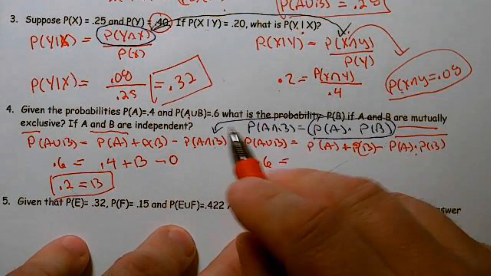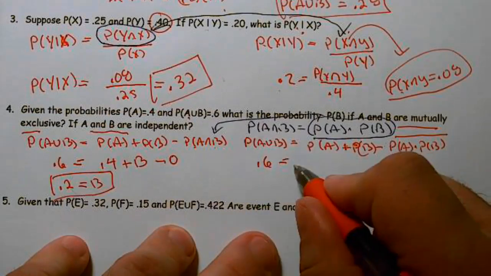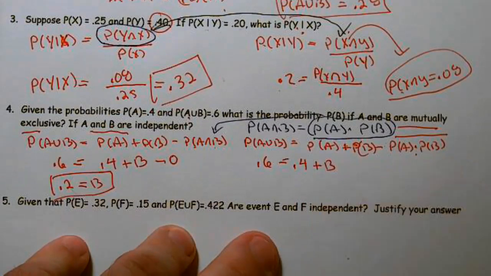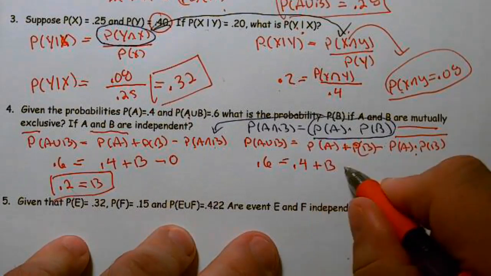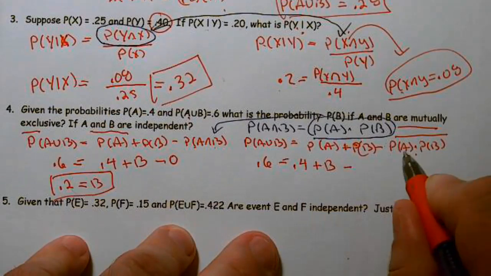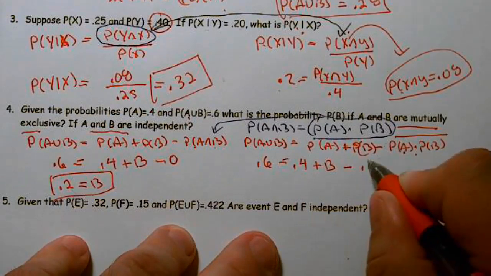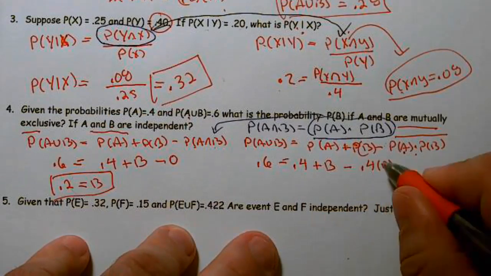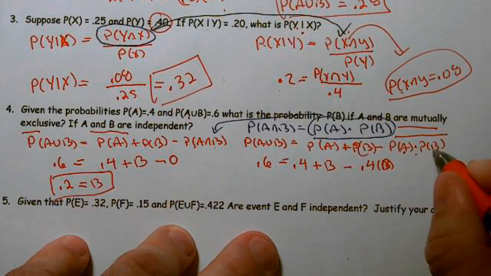Probability of A we know to be 0.4. B is not what we're looking for. We don't know what it is. Minus, and we know the probability of A is 0.4, so 0.4 times B. All right, we still don't know that B right there, and so there it is.